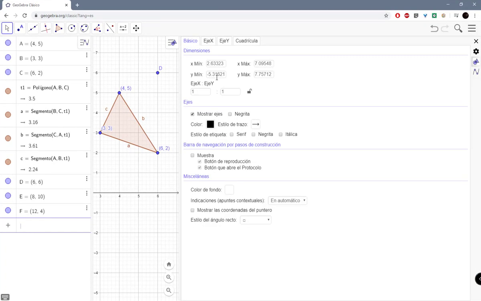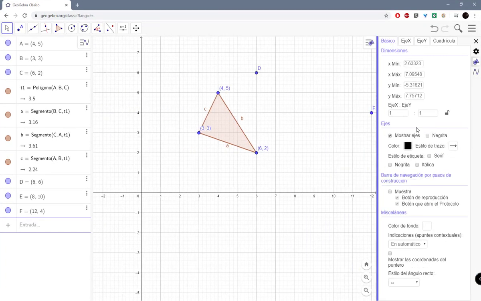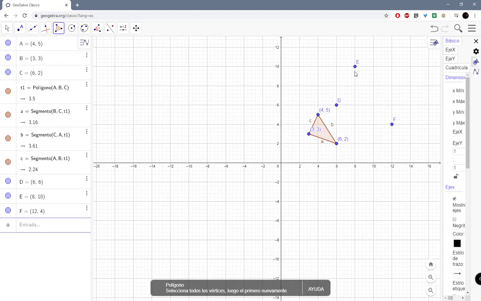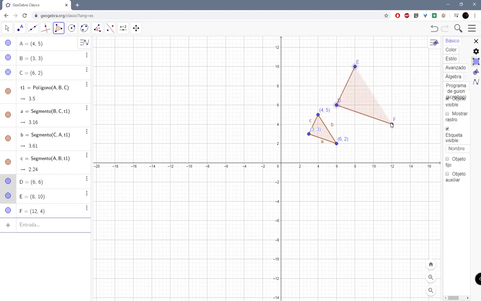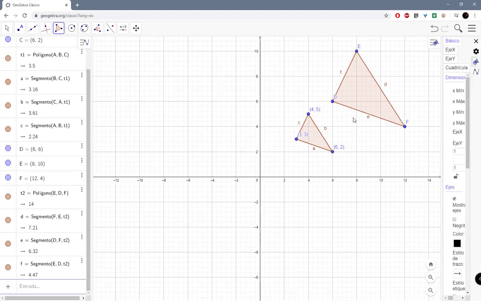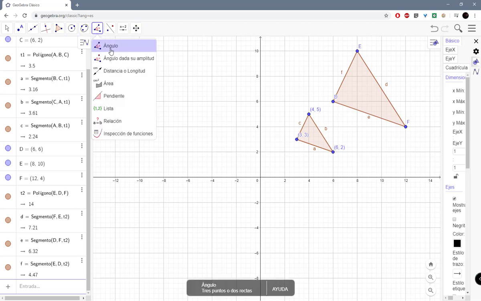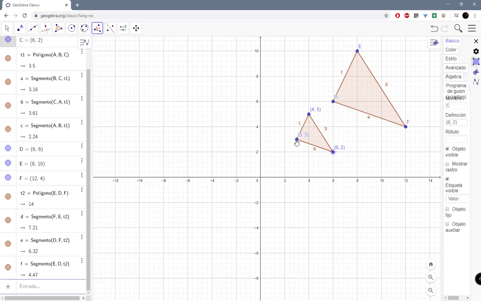Okay, and now we see, okay, here's a new triangle. Let's do it with a polygon. Okay, the shapes for now look the same. They look like they are similar. So let's actually confirm it.